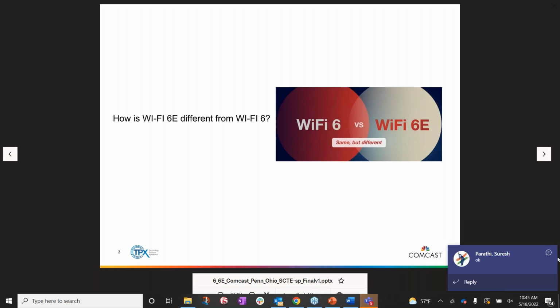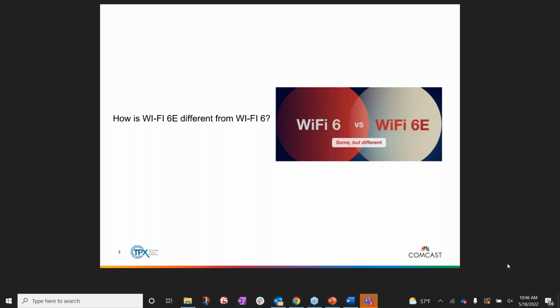So Wi-Fi 6E is maintained as an extension of the 11AX specification. So that is called here the Wi-Fi 6th generation extended.